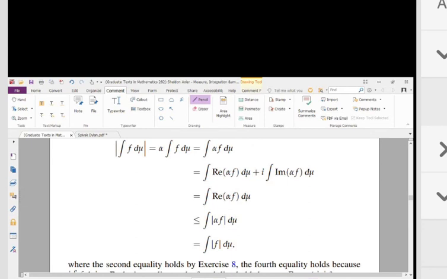So this imaginary part must be 0. Because the summation is a real number, this must be equal to 0. This equals this. And this is less than. Note that these two are real valued functions.